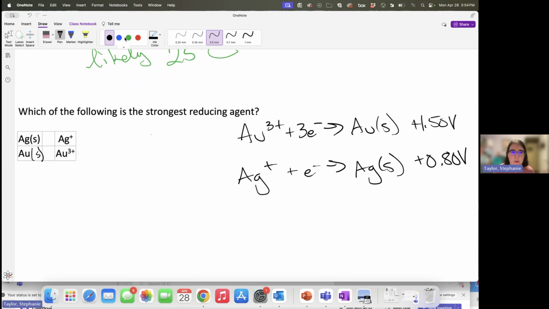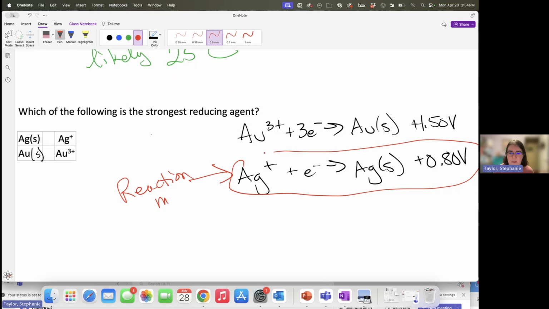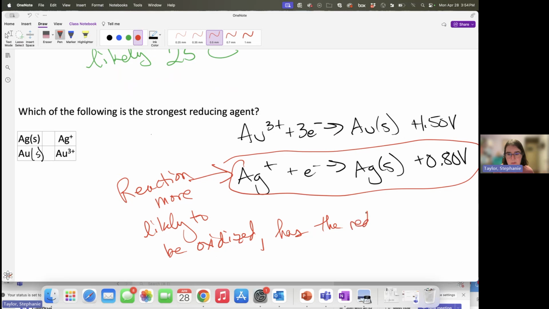So between the two reactions, we're just going to circle the whole thing, more likely to be oxidized. So this has the reducing agent.